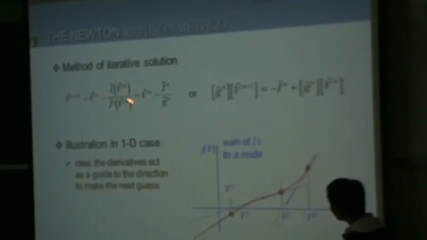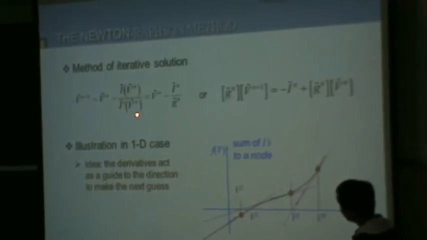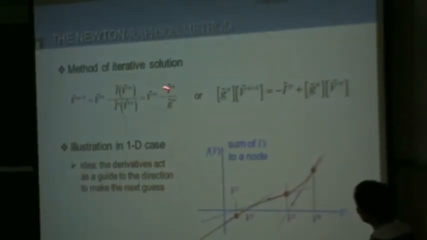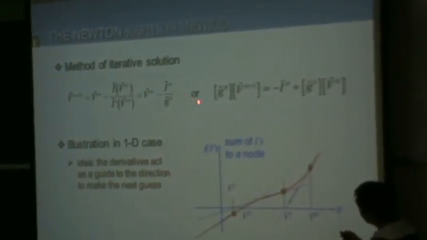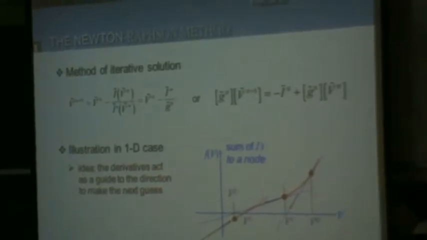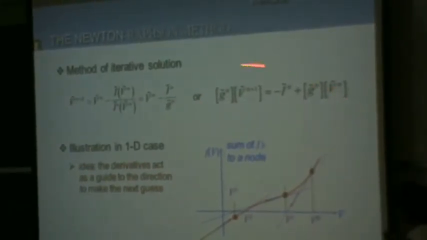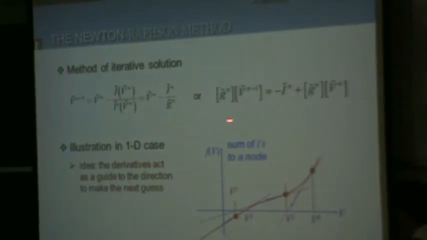The derivative of current with respect to voltage is just the conductance, so this becomes the conductance matrix. After that, you multiply by the inverse of the matrix on both sides. Then we have this form, where the next guess comes from the current guess, the derivative, and the current value of the function.